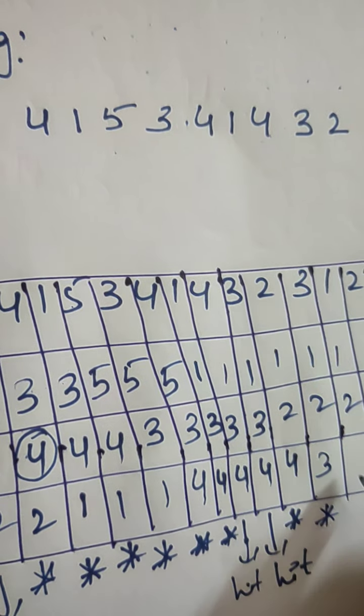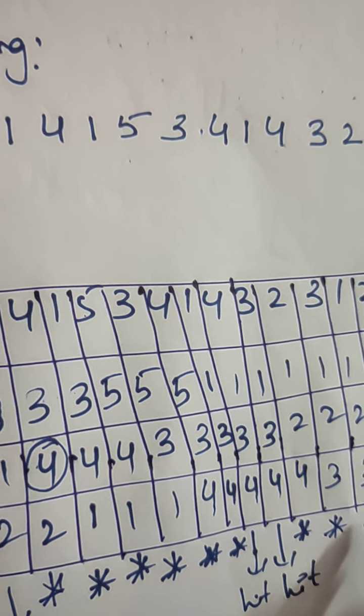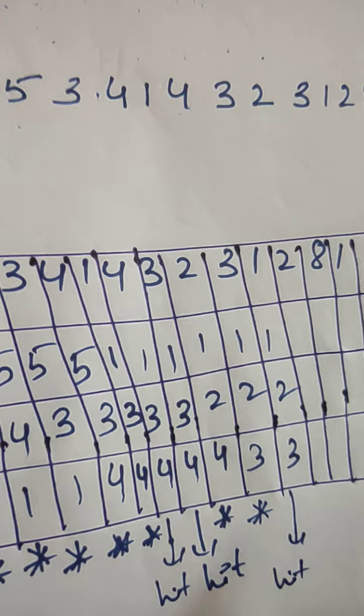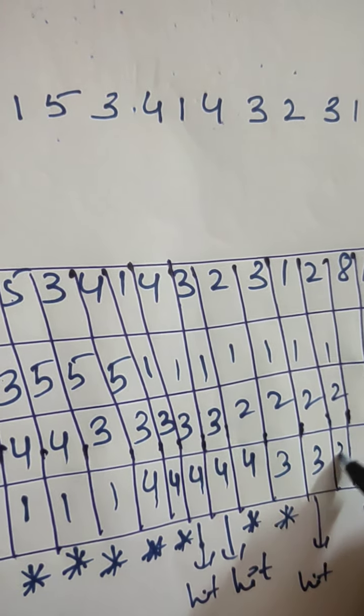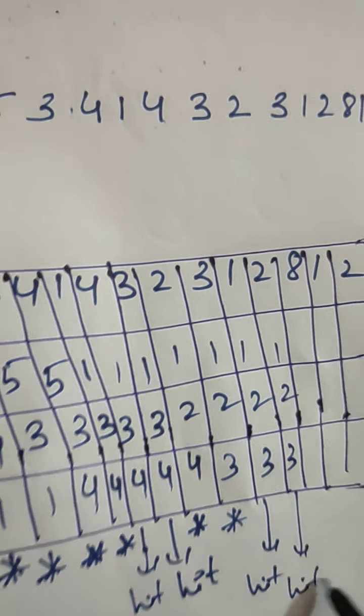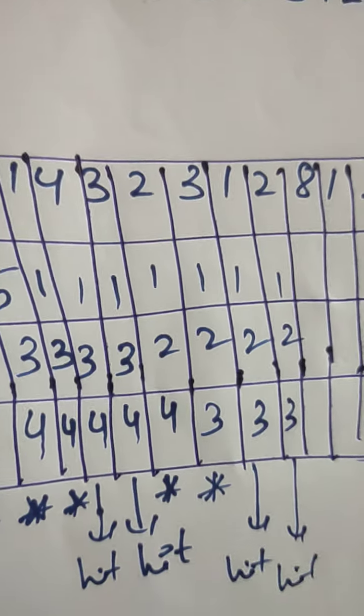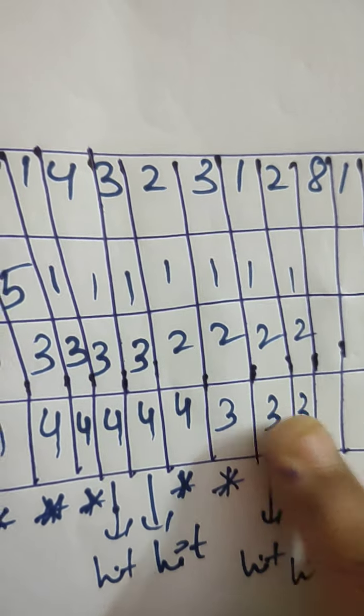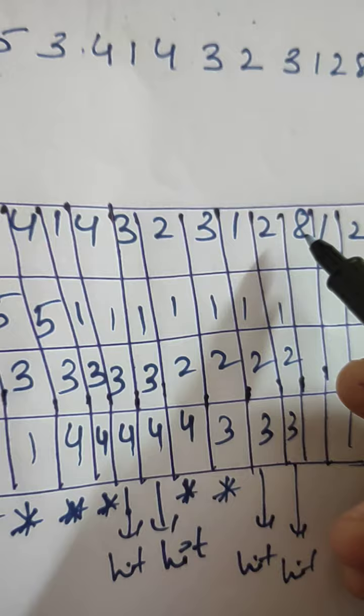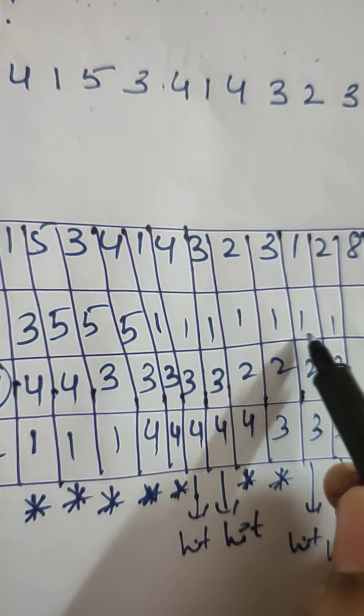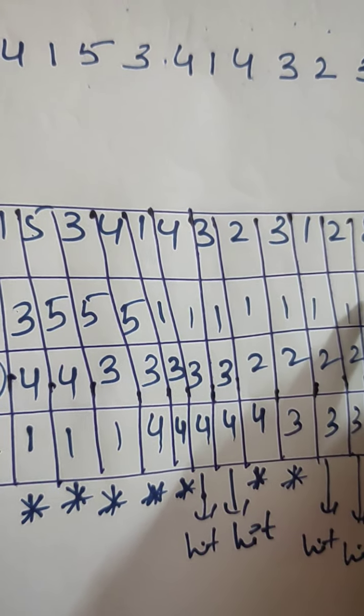Here 1 2 3, it is a hit, again 1 2 3, it is a hit. Why? Because pages 1 and 2 already exist in the main memory. Next we have to put the 8 and the longest time is taken by the 1, so you have to replace 1.